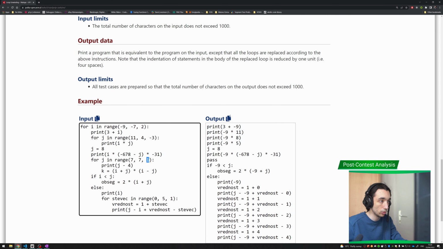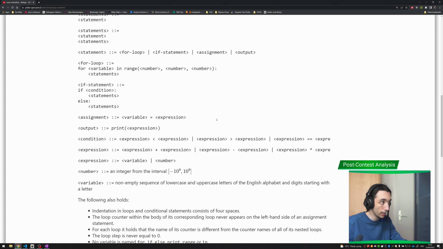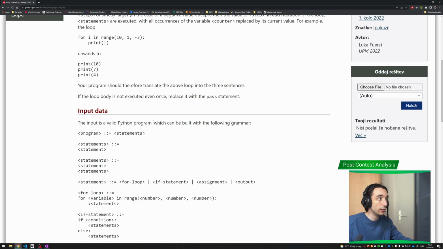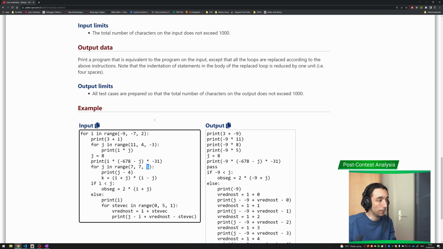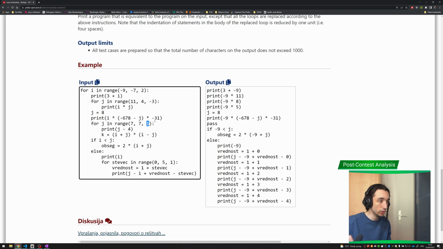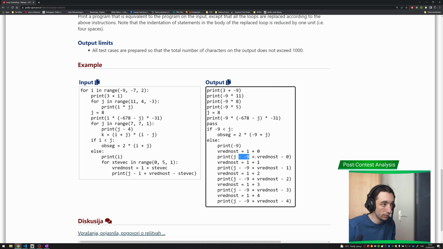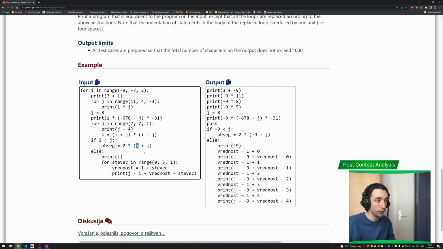You certainly can solve it like this, but that's why this problem should take you a lot of time. But there are a lot of things that make this problem easier: you do not need to evaluate expressions, you only care about for loops, and you only care about changing variable names.